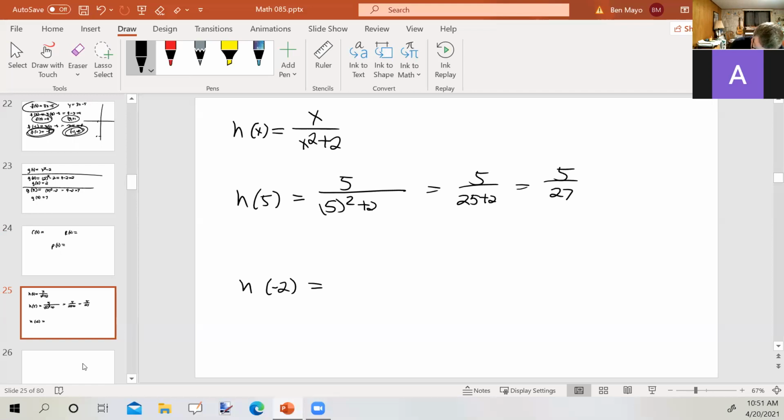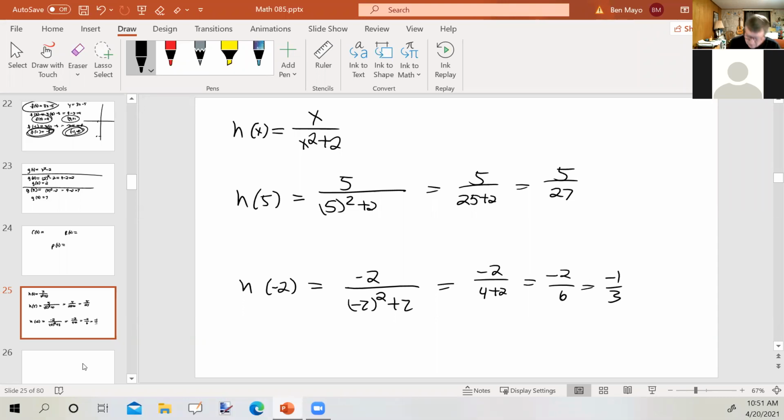H of negative 2 would be negative 2 divided by negative 2, the quantity squared. Notice the negative sign is inside the square, plus 2, which is negative 2 over 4 plus 2, negative 2 over 6, which reduces down to negative 1/3.